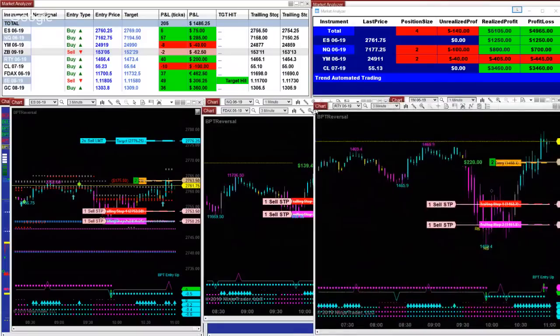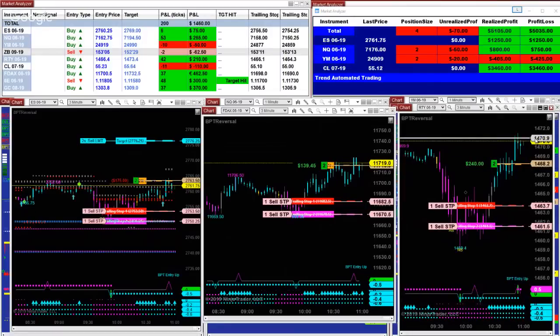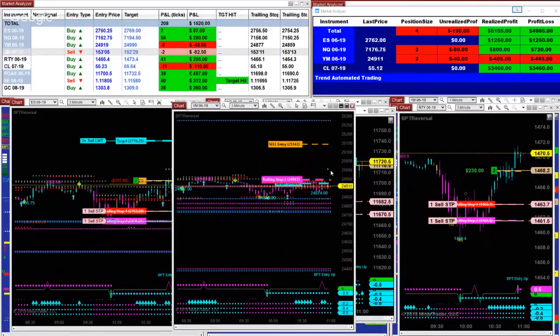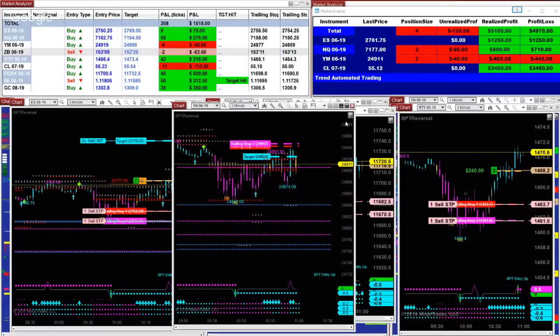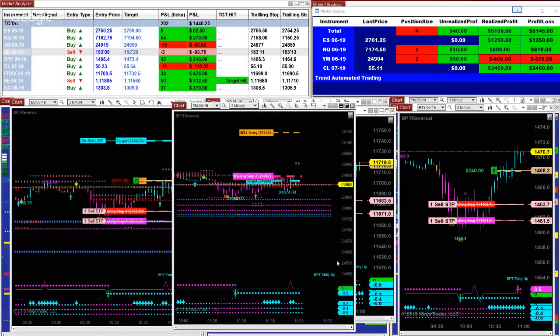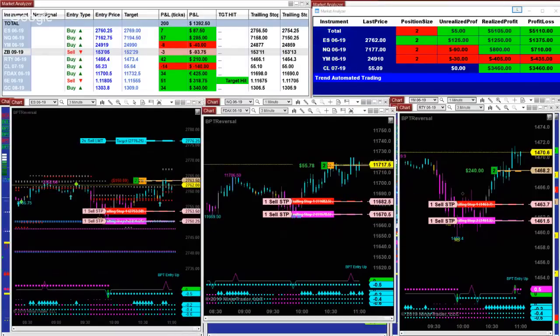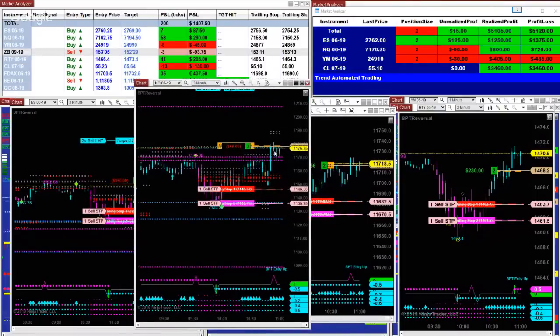They are going in the right direction on the 3 minutes fully automated. The YM on the 3 minutes has already hit the target. And on the Nasdaq now, on the fully automated 3 minutes, we have the trade on the Nasdaq.